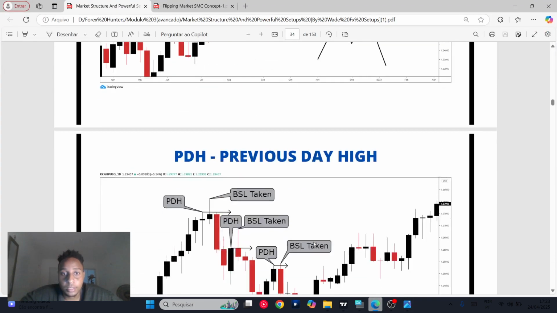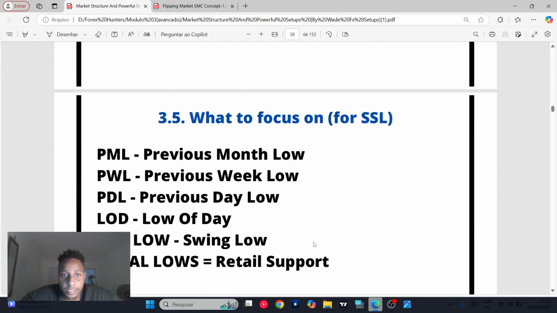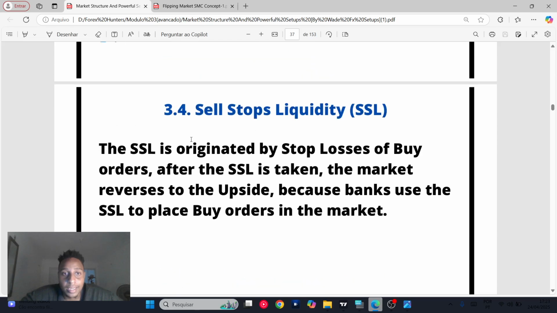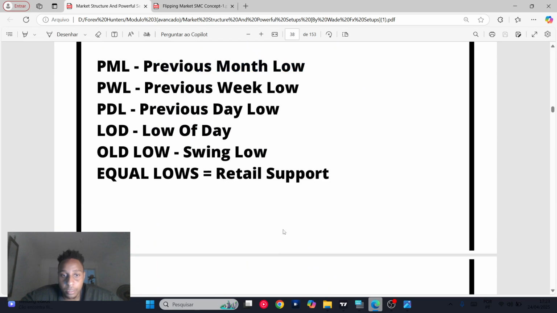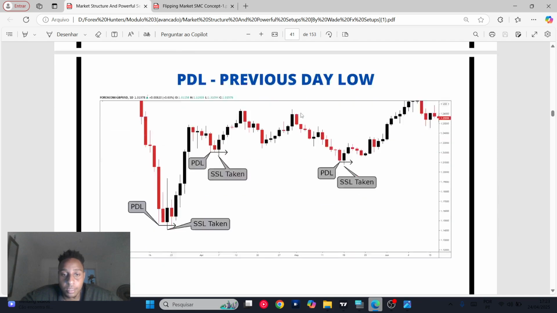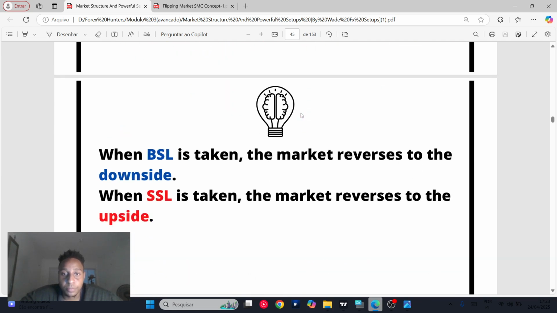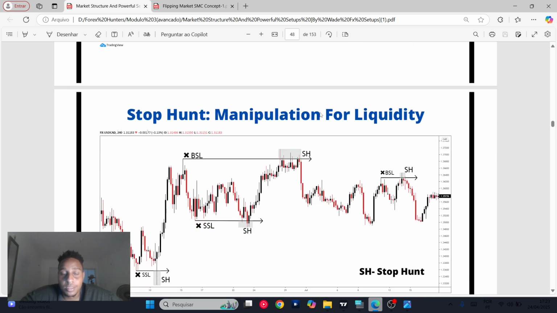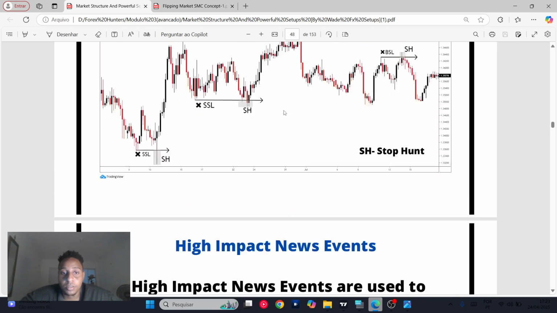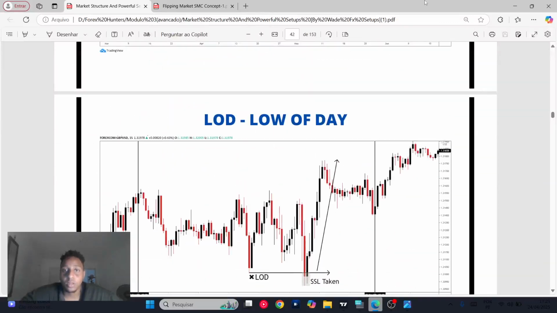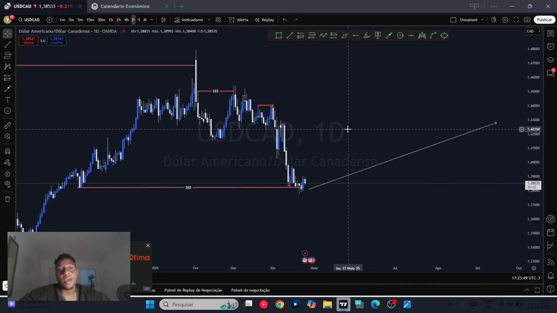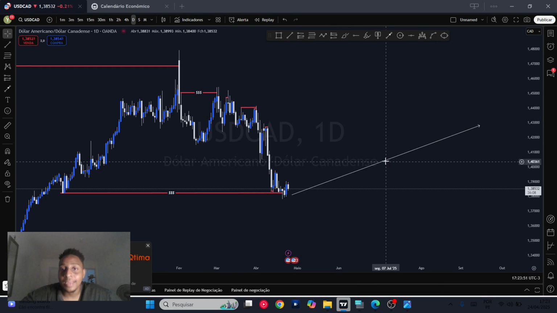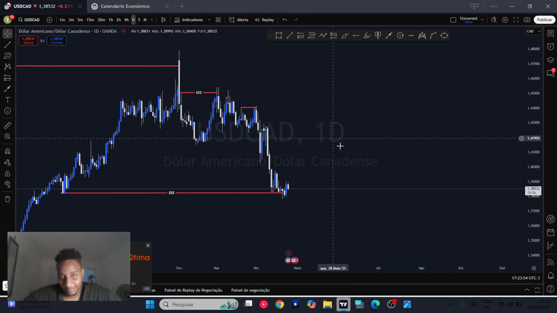Let me see if there isn't something I missed here to tell you guys. The sell side is the same thing, just the same thing, and you don't need to beat yourself up about this. Yeah, you will see a lot of things like manipulations and all these things, but I will talk about this later. How to adapt liquidity in our strategy.